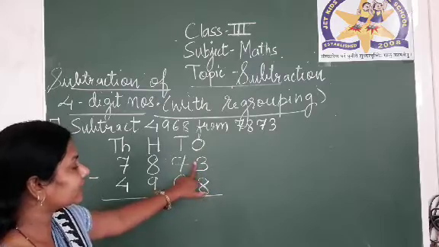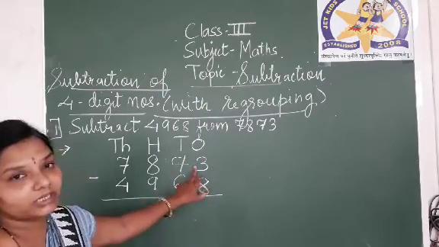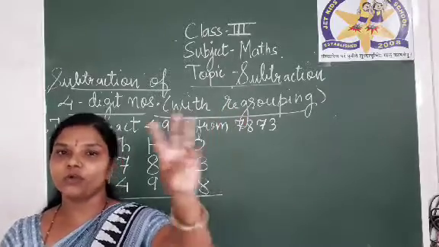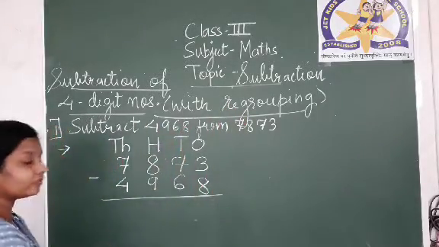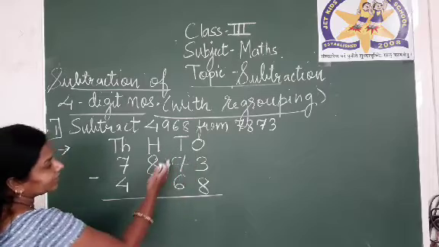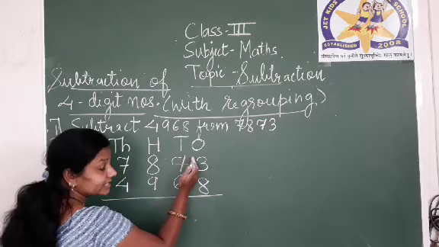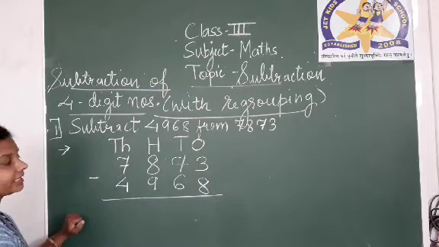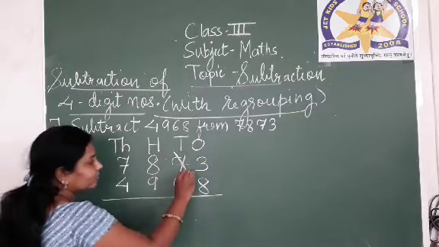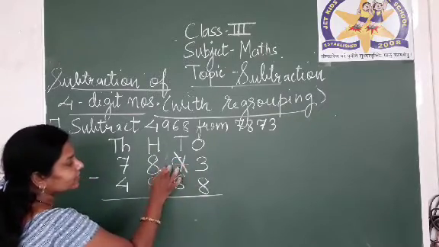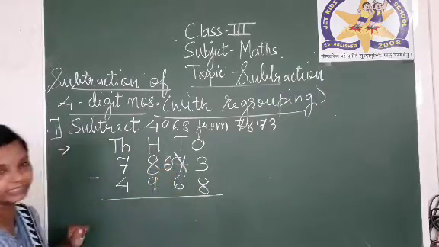Now subtract the ones. Subtract 8 from 3. Only 3 fingers. Can you subtract 8 from these 3? No, it is not possible. So what will we do? We will borrow, or we will ask the tens to give 1 so that my ones digit gets increased. So I will borrow 1 from 7. If I borrow 1 from 7, here it remains 6.